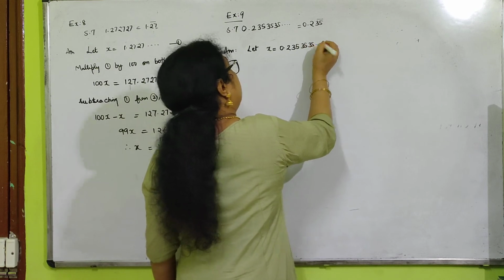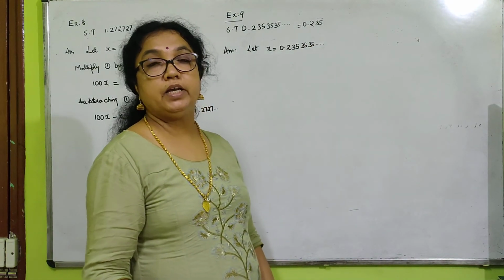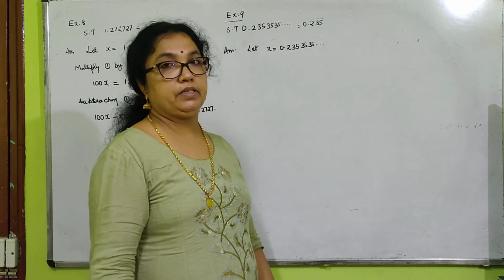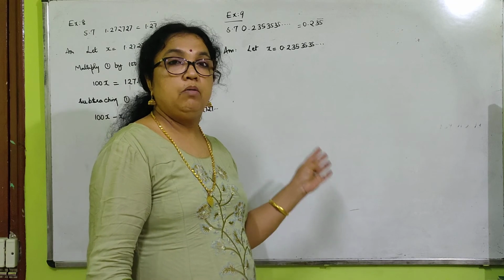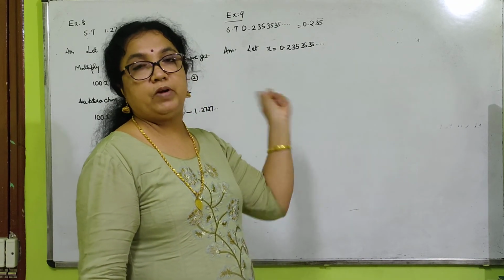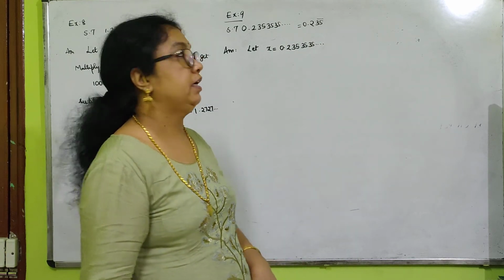Let x equal to 0.23535... But don't write that as the first equation. Why? Because 2 is not repeating, only 35 is repeating. So first you have to move the decimal point to after 2. So 1 digit you have to move to the right side, which means you have to multiply by 10.